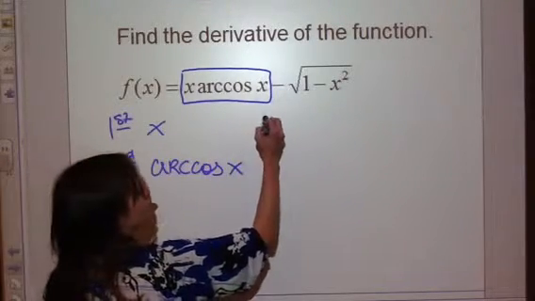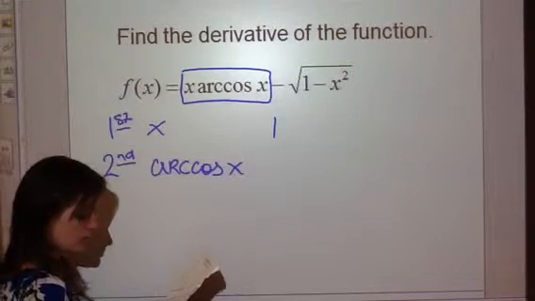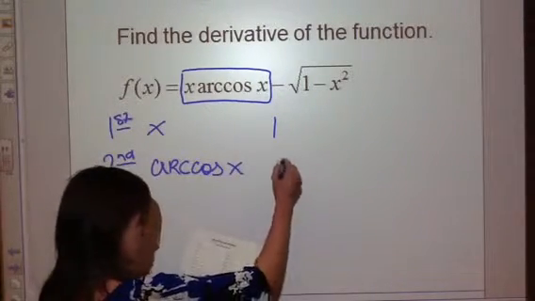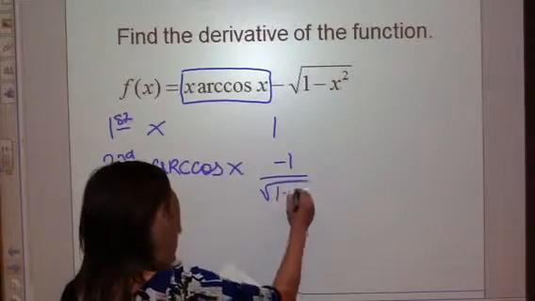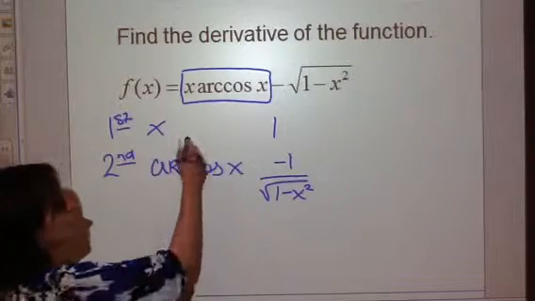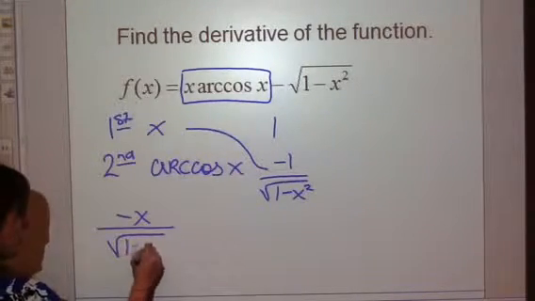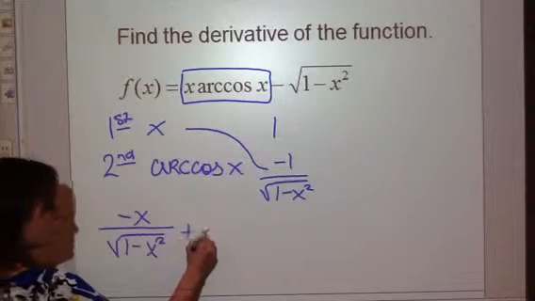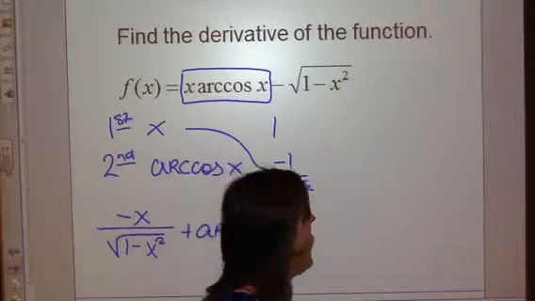So our first derivative is 1. Arc cosine of x, we just found its derivative was negative 1 over the square root of 1 minus x squared. Crisscross, and you get negative x over the square root of 1 minus x squared plus arc cosine of x.